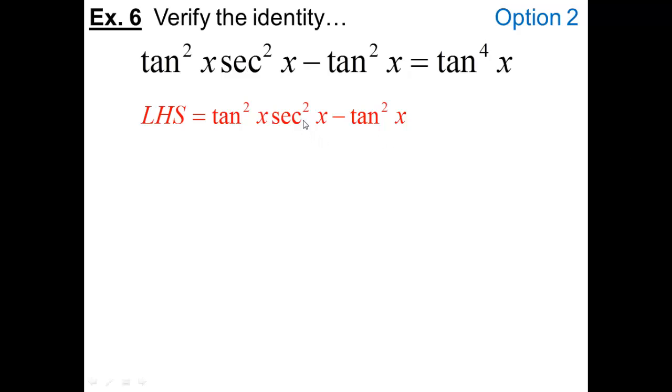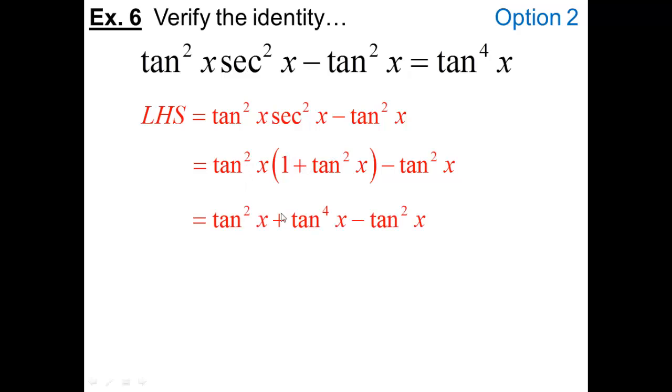In other words, secant squared is 1 plus tangent squared. 1 plus tangent squared, if I distribute the other tangent squared, becomes tangent squared plus tangent to the 4th. Hey, that minus tangent squared cancels the first tangent squared, gone, gone, and we're left with tangent to the 4th. All right, so applying factoring techniques and Pythagorean identities is going to get the job done the quickest possible way.